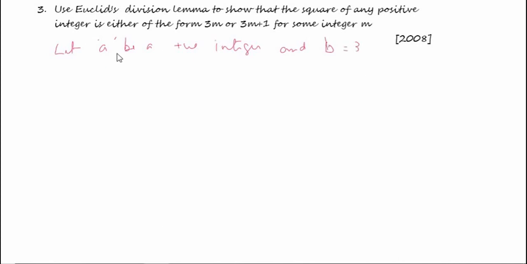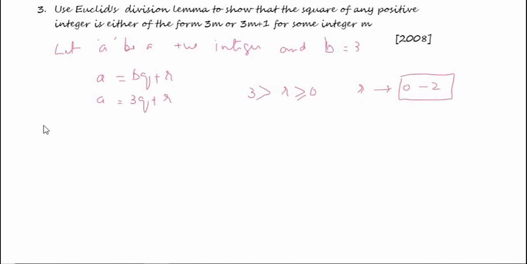So now from Euclid's division lemma, we have a equal to bq plus r, or here it is a equal to 3q plus r. Now r is greater than or equal to 0 and r is less than 3. So value of r is from 0 to 2. 0, 1 and 2. Now let us consider all these three values.